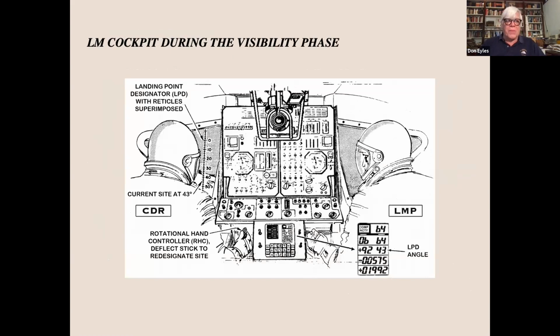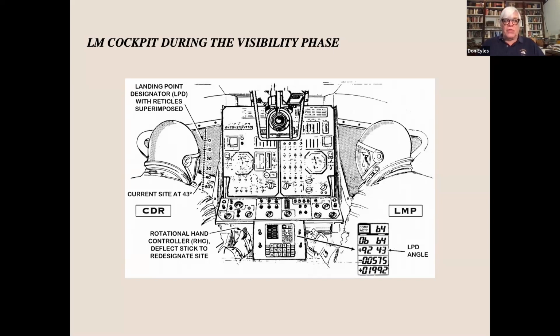This is the cockpit of the LM during the visibility phase. I mentioned that we showed the commander where he was going, where the LM was going, and this is how that worked. You see that there's a scale painted on the left window, and the DSKY, there's a blow up of the numeric data. The DSKY is providing an angle, in this case 43 degrees, computed by our software.